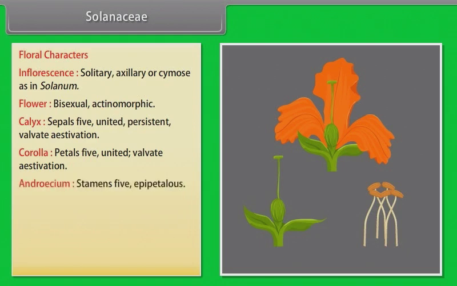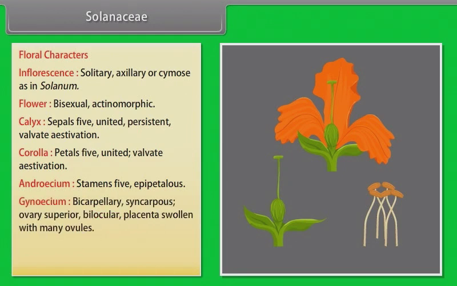Androecium, stamens 5, epipetalous. Gynoecium, bicarpellary, syncarpous, ovary superior, bilocular, placenta swollen with many ovules. Fruit, berry or capsule. Seeds many, endospermous.